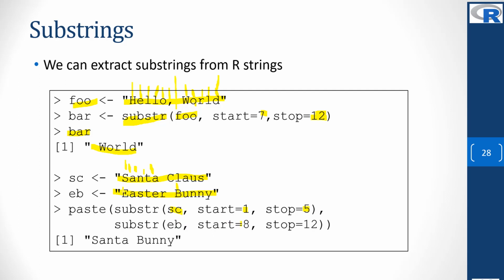If you count the letters here, 1, 2, 3, 4, 5, 6, 7, 8 starts on the B, 9, 10, 11, 12 stops on the Y. So we're extracting the word Santa from the first string and bunny from the second string, and then we're embedding those substrings in a paste function as arguments to it, and it concatenates it into the string Santa Bunny.